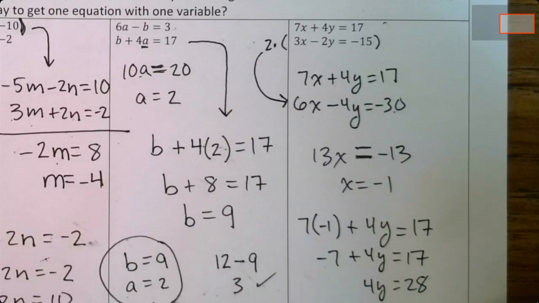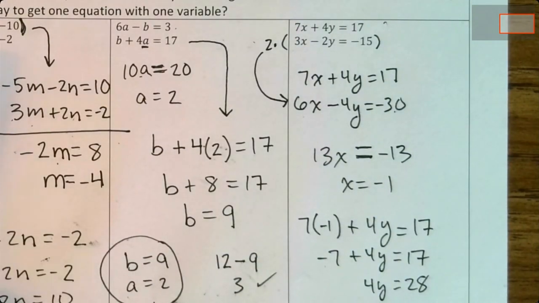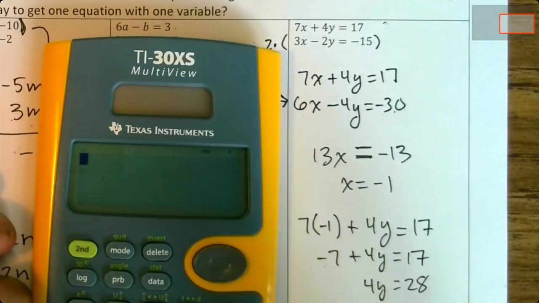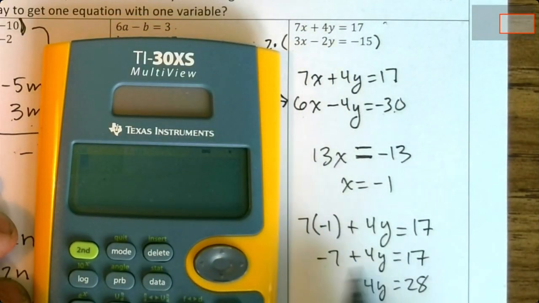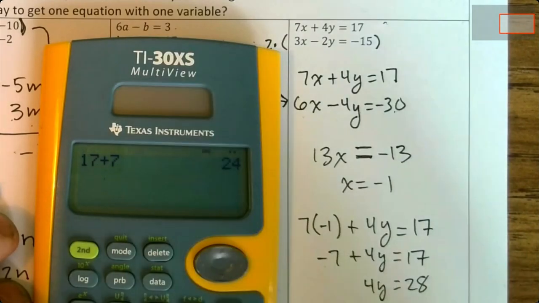What am I doing? I'm adding 17. 17 plus 7 is 28, right, Roberts? No, that's my problem. When I add 7 to both sides of this, I got a big boo-boo here. 17 plus 7 is 24.